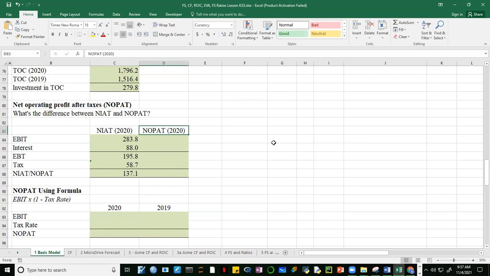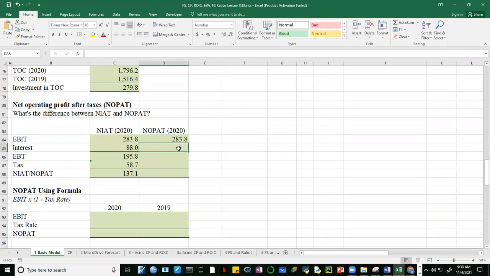It's important, guys, to compute operating profit after tax because we would like to assess operations or management as far as regards their performance. So we first start with EBIT. Let me just copy EBIT here.